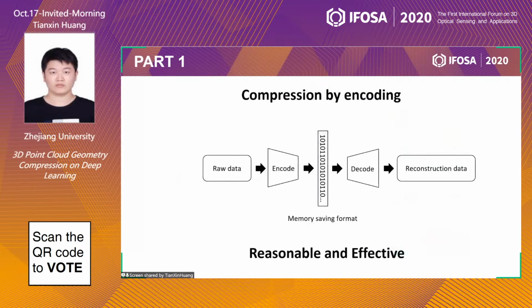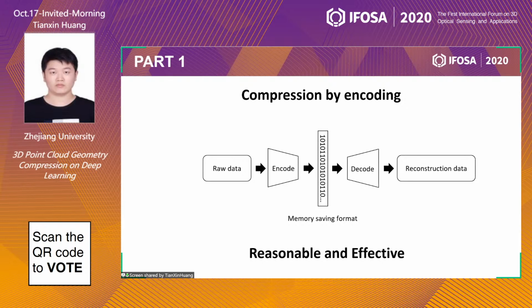So compression by encoding is to transform raw data into a binary stream or memory saving format. It is more reasonable and effective because data is actually in binary format in memory or during transmission. And by designing a reasonable encoding rule, the information entropy after encoding can be largely reduced.